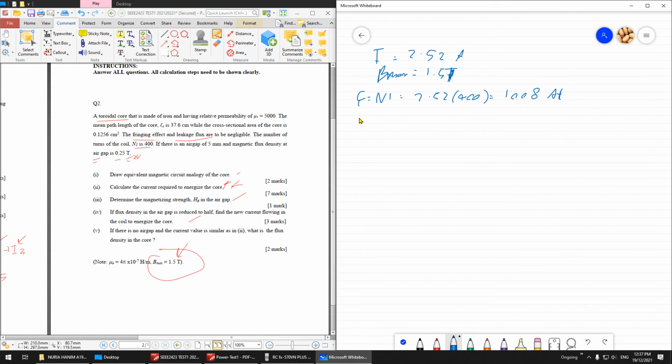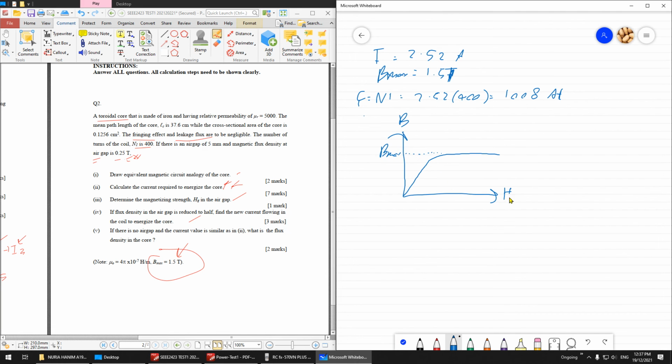For this case, the next step is you have to check back the B-H curve. B max means that as you increase H, this is almost linear until a certain point, then it becomes saturated. So this is B max.